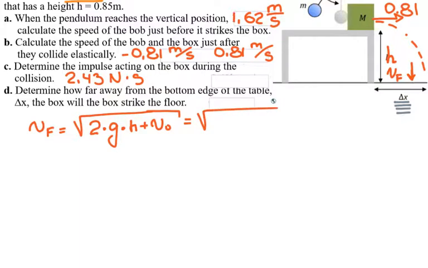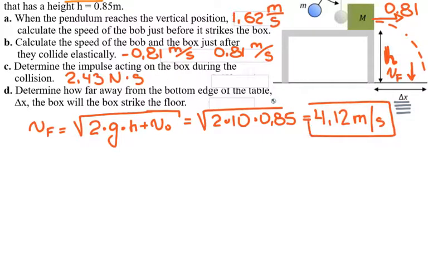So I have the square root of 2 times 10 times the height. They tell me the height is 0.85 above the ground, and that gives 4.12 meters per second. So the vertical velocity when it strikes the ground is 4.12 meters per second.